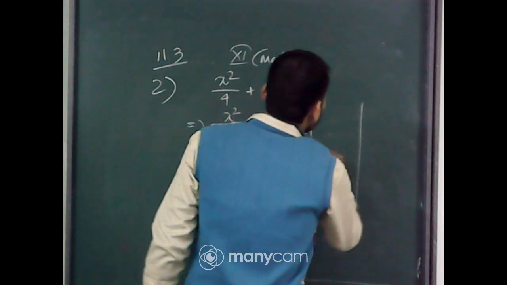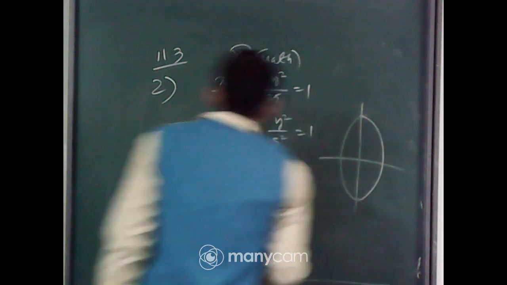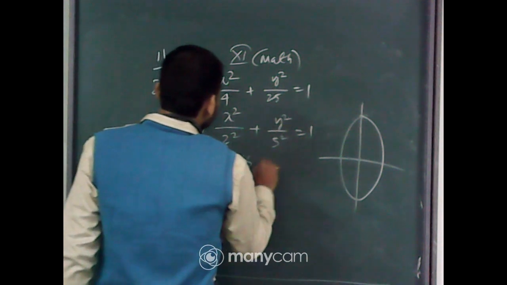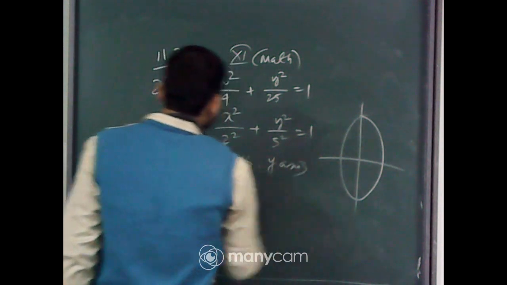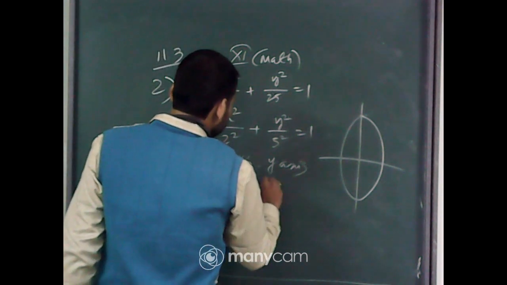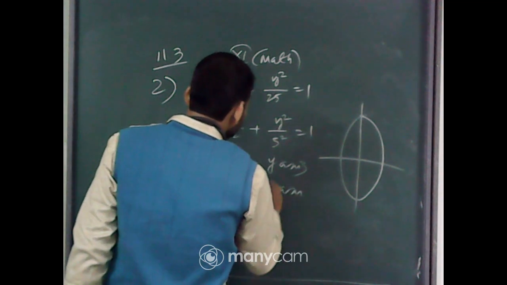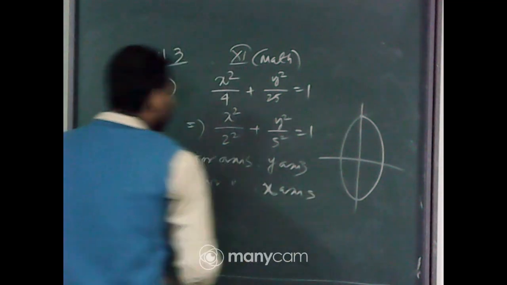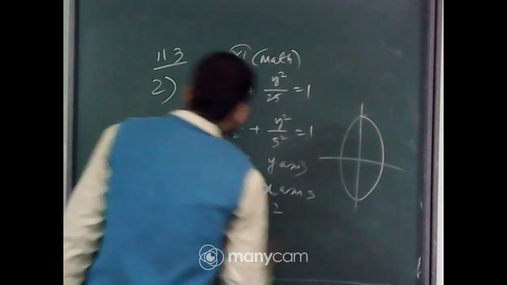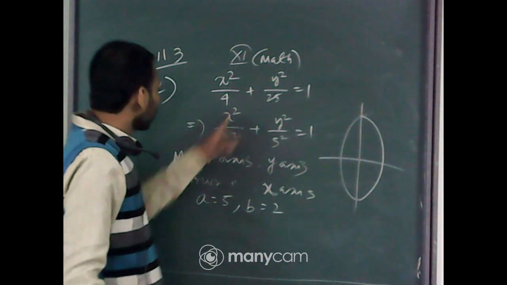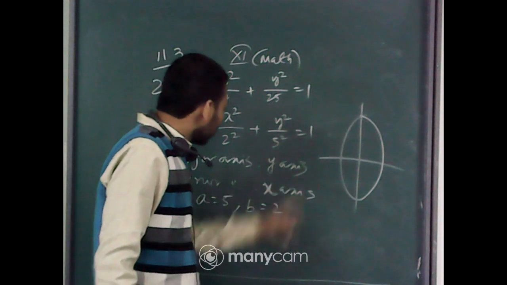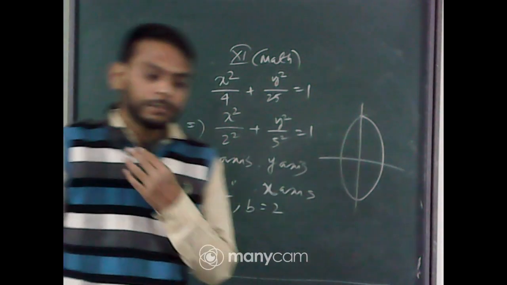So here the major axis will be the y axis, and the minor axis will be the x axis. Also here a equals 5 and b equals 2, comparing with the standard form, that is x square by b square plus y square by a square equals 1, with a square greater than b square. Here a equals 5 and b equals 2.